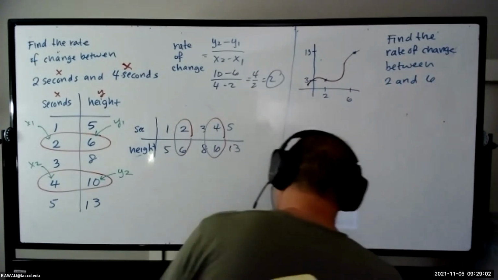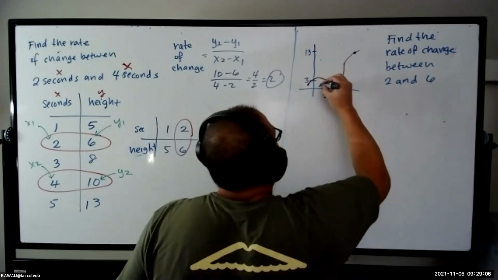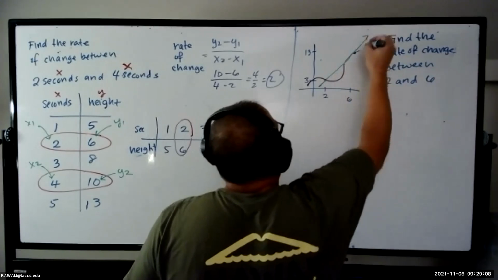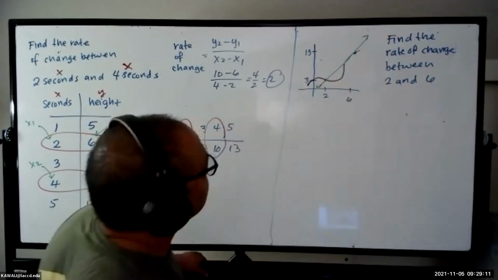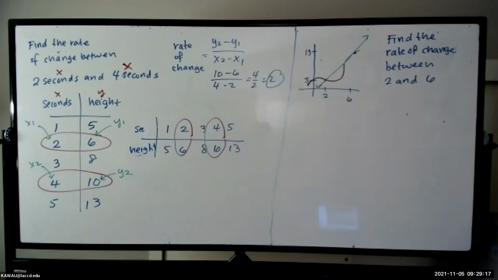Now, this is the same thing, where what we're really doing is trying to find the slope between these 2 points. Let me give you a chance to copy a little bit. They won't give you that green line. They're going to give you the red line, and all you're thinking of is, what's the slope between those 2 points?